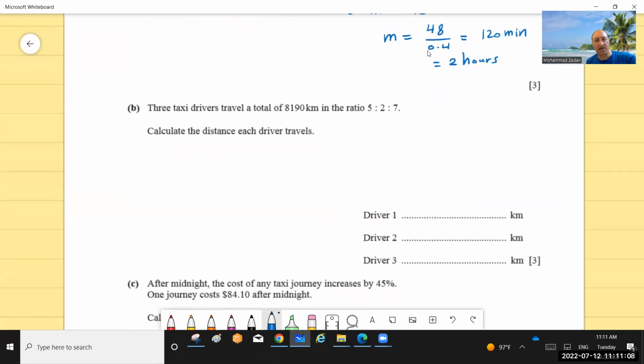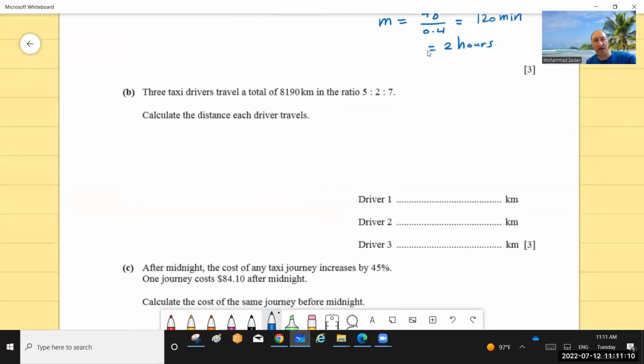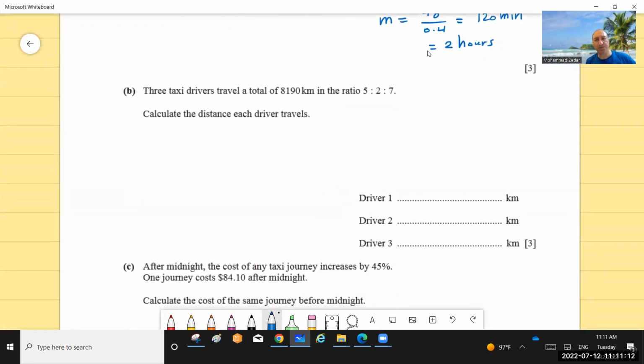3 taxi drivers travel a total of 8190 kilometers in a ratio 5 to 2 to 7. Calculate the distance each driver travels. 5 to 2 to 7, the sum of them is 14. It means the first driver will drive 5 out of 14 times the distance, 8190. The second one will take 2 out of 14 times the same distance, 8190.